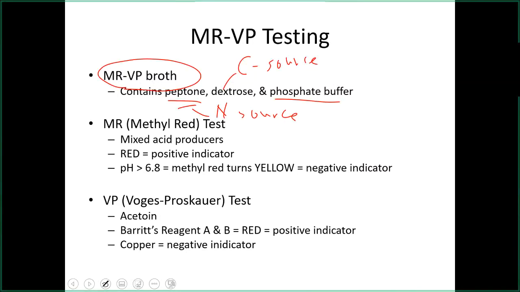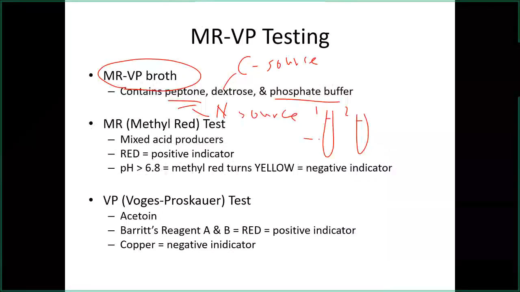So what we do is we take a given organism, an unknown organism, one that we're trying to more fully characterize, and we take 2 tubes of this broth, all right? So 2 tubes of MRVP. These are both MRVP broths, 1 and 2, and we're going to put the same organism into both of those, all right?